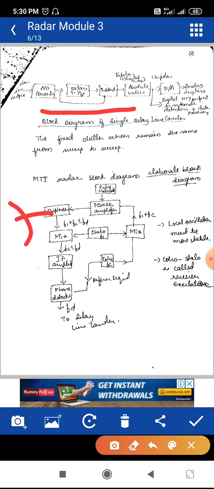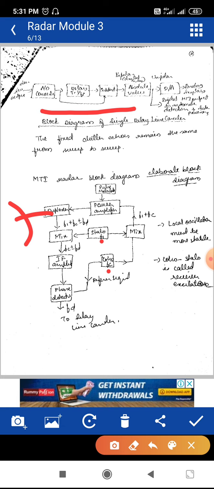Now here we are going to use two oscillators, the stable local oscillator, which is known as STALO, and the coherent oscillator, which is known as COHO. These two oscillators we are going to mix and pass through an antenna, so the transmitted signal will have a frequency of FL plus FC.